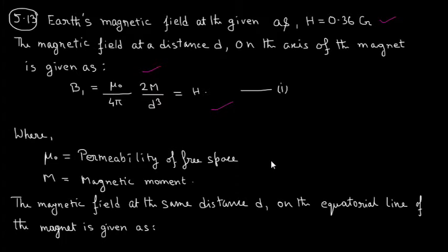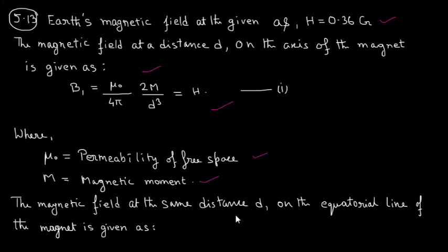Where mu naught is permittivity of free space, m is equal to magnetic moment.